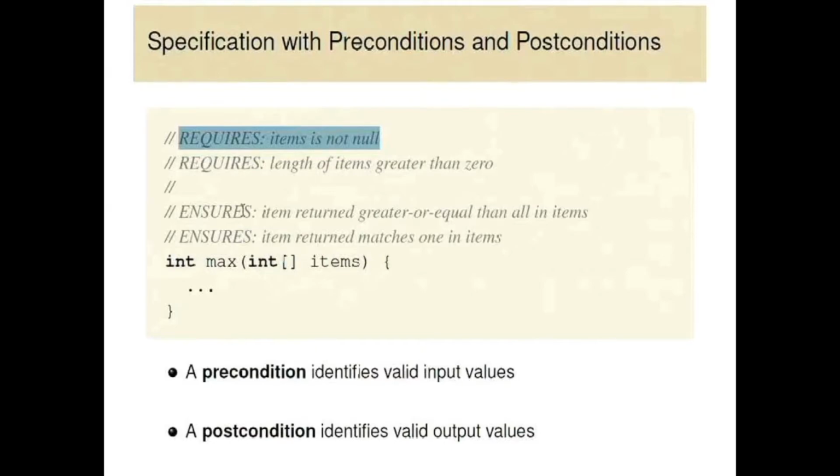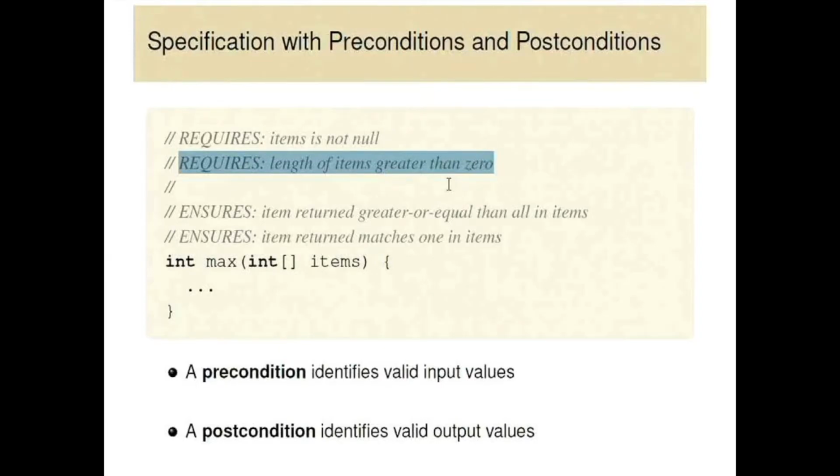Also requires that the length of items is greater than 0. That means we can't pass in an empty array, an array of size 0. That's not allowed by the precondition. So it's basically saying those are the things that must be true of our parameter items.